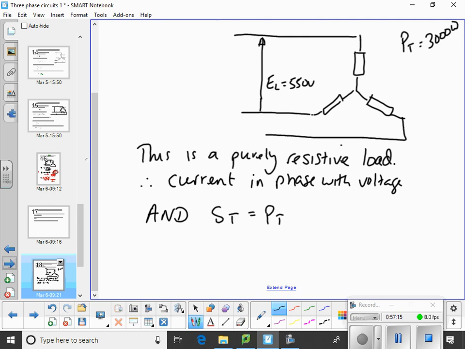So what do we know in terms of formulas for ST? Because we've been asked to calculate the current in each line. We've been given the line voltage, not the phase voltage. So how can we handle that?